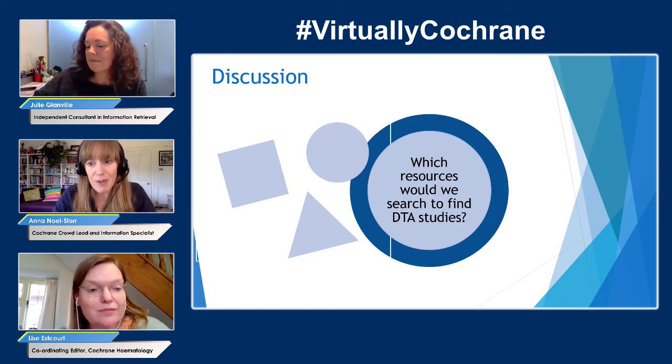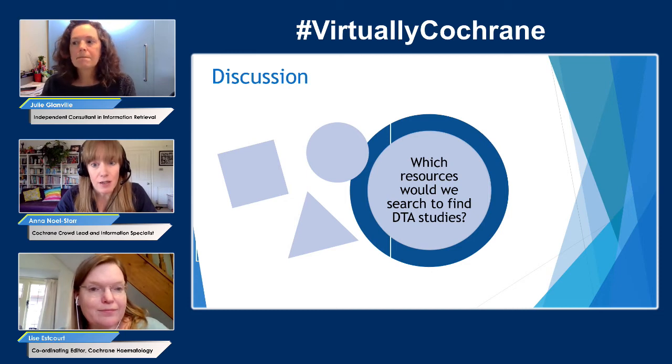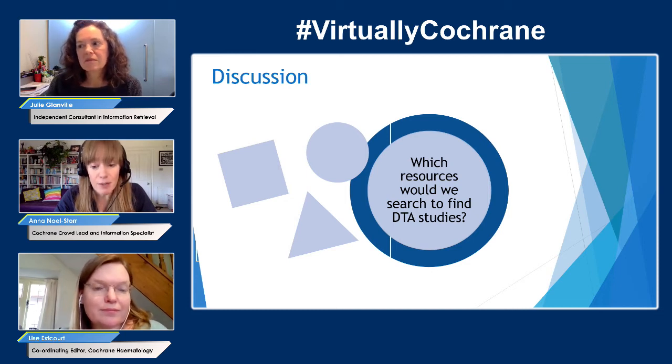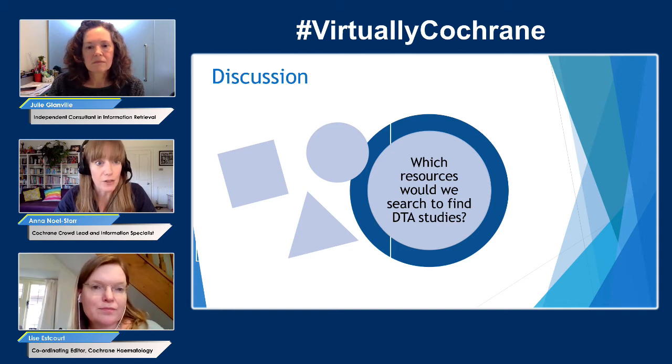I think probably the obvious number one candidate is PubMed or Medline, and Embase is the second one. For us in the dementia group, one interesting finding was that, more so than for interventional studies, a reasonable number of included studies were only available as conference abstracts, and so Embase was certainly a really important source for conference publications.